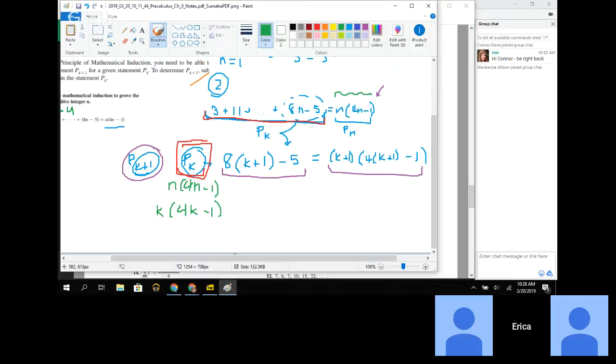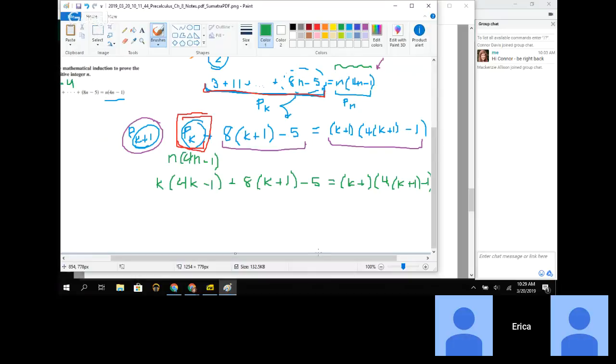Then I'm going to add my next term, which is 8 times k plus 1 minus 5, equals k plus 1 times 4 times k plus 1 minus 1. This looks scary, but it will work out in the end.